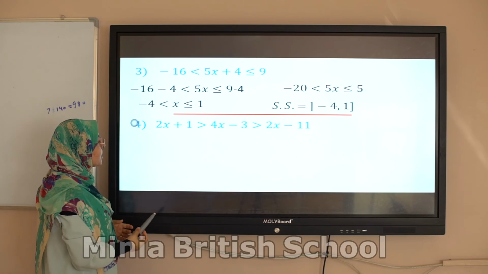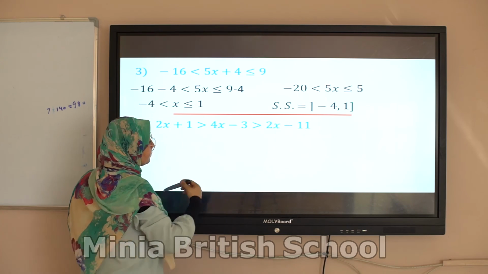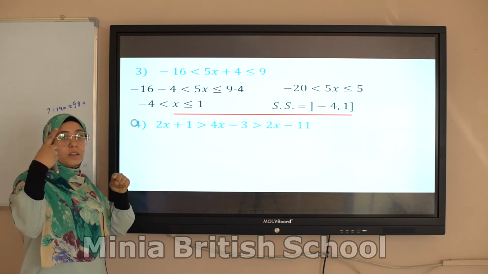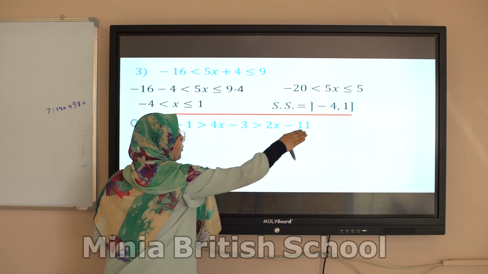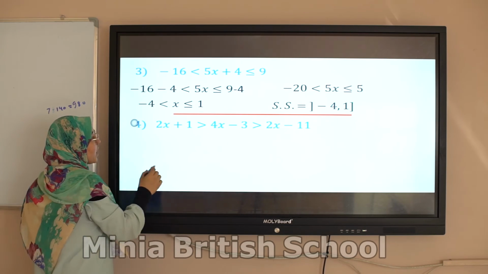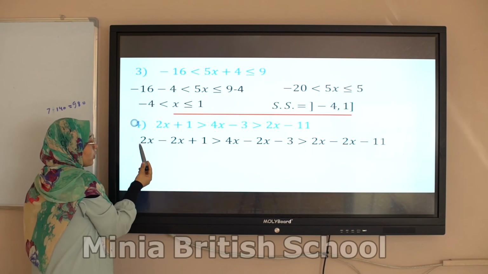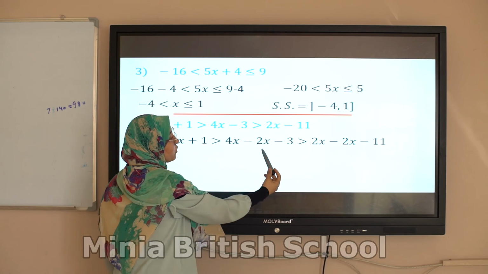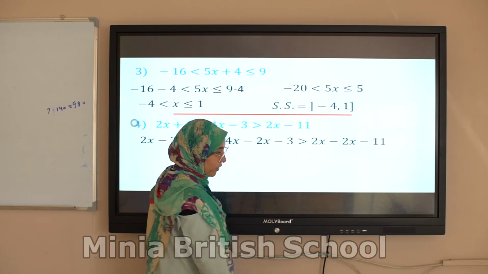So we know something here. I have 2x, okay? So to cancel 2x, I will add negative 2x to all sides here, okay? So I add what? Negative 2x. So 4x minus 2x minus 3, 2x minus 2x plus 1, 2x minus 2x minus 11.